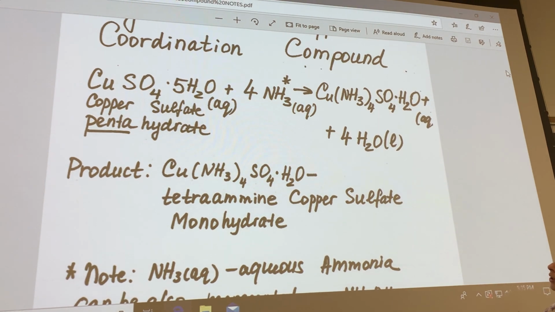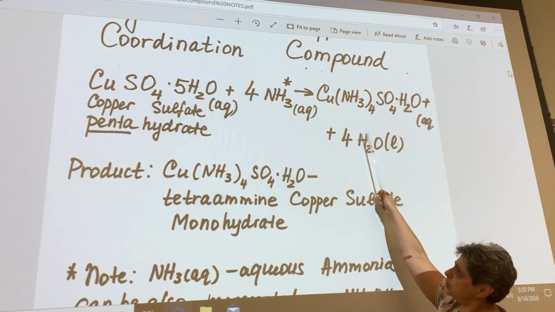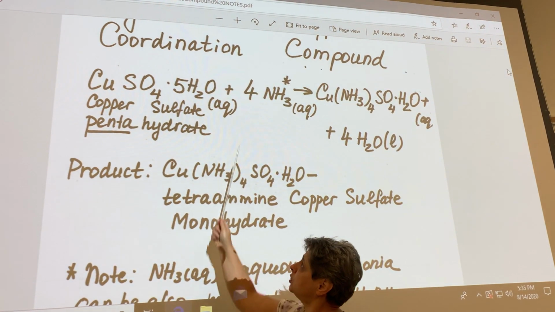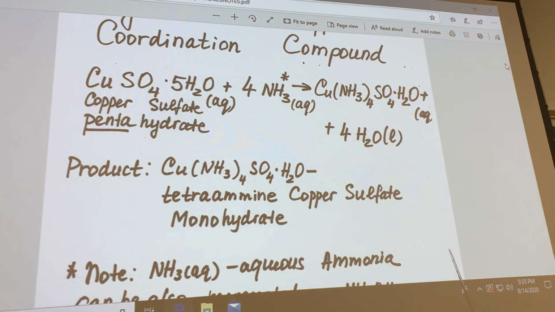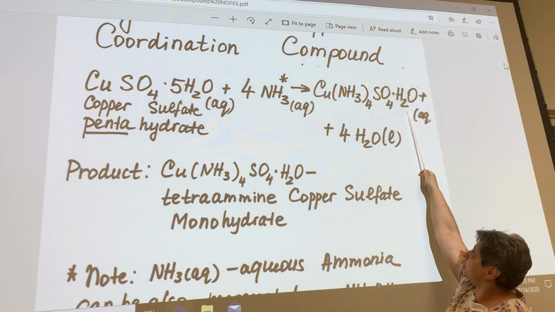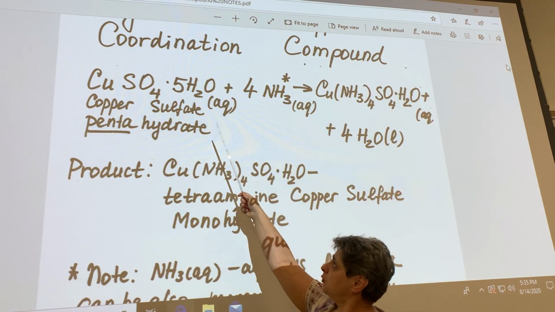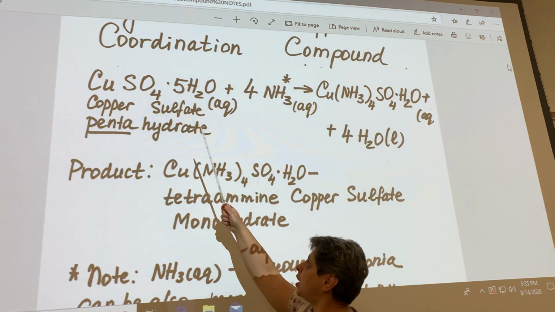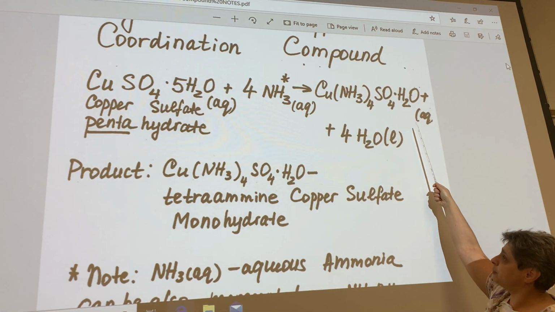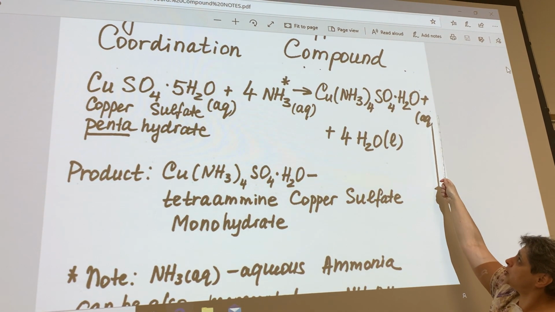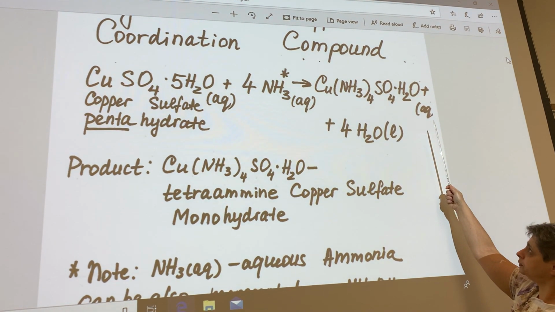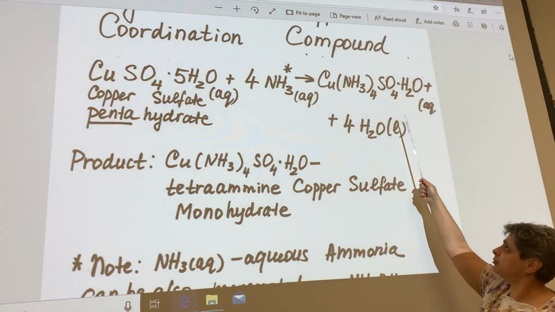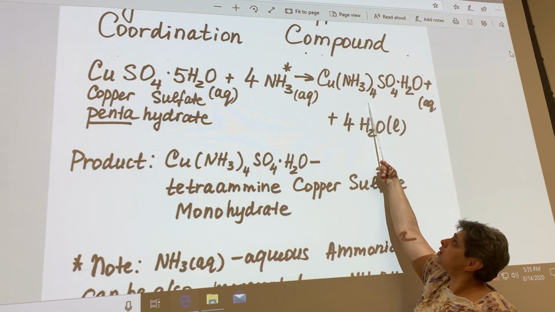So if you compare the chemical formula of the product to that of this first reactant, you'll notice what is happening as a result of this reaction. First, you'll notice only one water remaining. 5 waters is what we started with in our hydrate. And now, instead of pentahydrate, we have a monohydrate, meaning 1 water. You'll also notice that the other 4 waters have been replaced by 4 ammonia molecules.